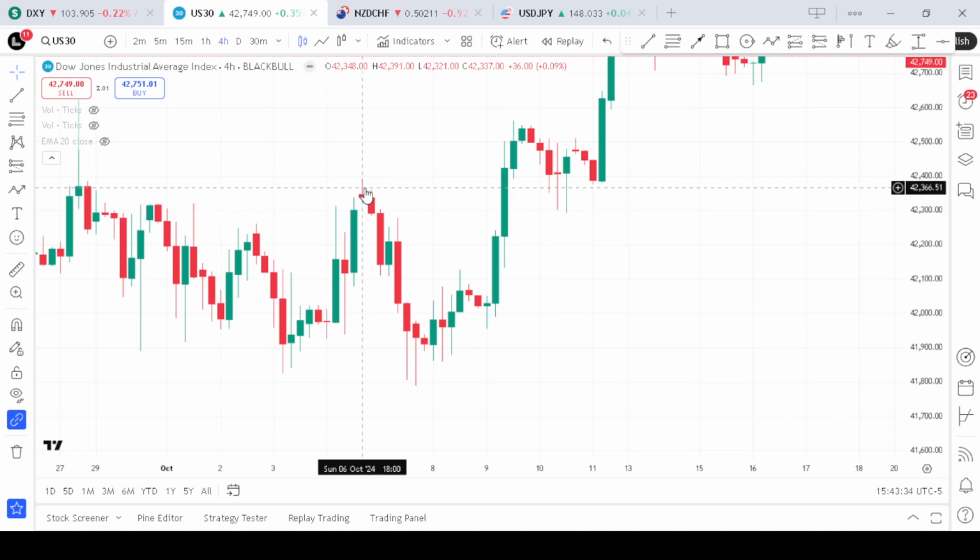This creates a gap from the first candle's close. The third candle is a large bearish candle that opens higher than the second candle's open but closes lower than its close. So this is the third candle, though it is still above the first candle.